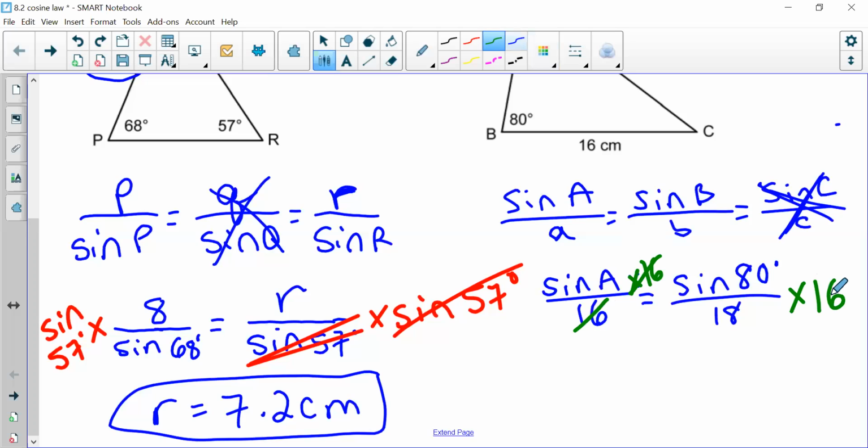Okay, in your calculator, you're going to do sine 80 divided by 18 times 16. And again, the order doesn't matter because it's multiplication and division. Sine 80 divided by 18 times 16.